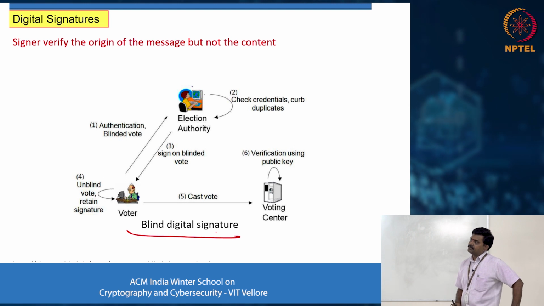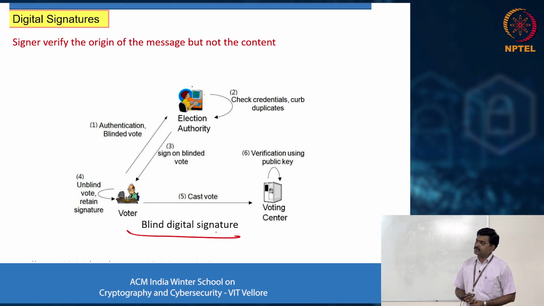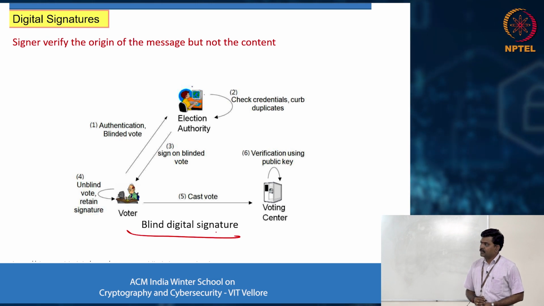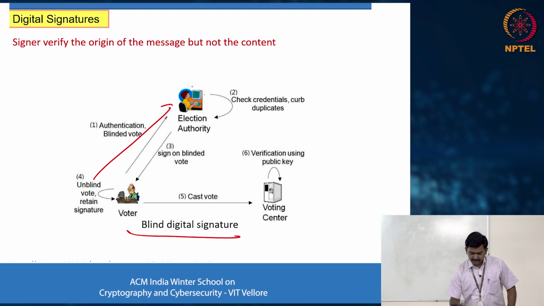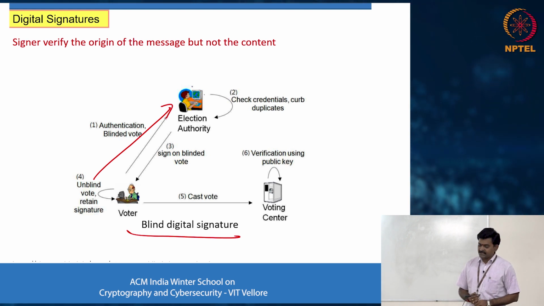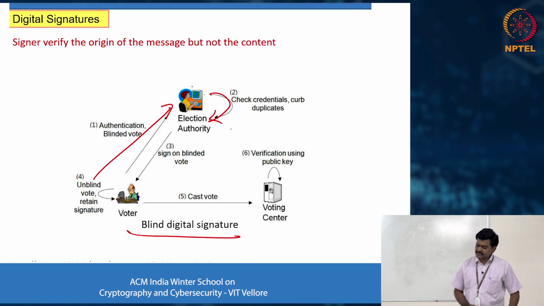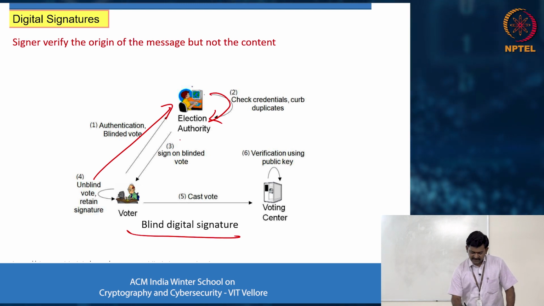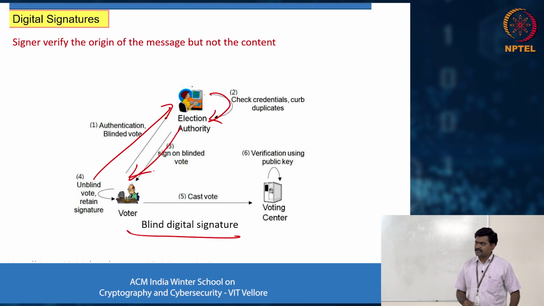There is one more digital signature called blind digital signature. The purpose is, take an example, I want to vote. So I go to the election authority asking for authentication and saying that I want to make a blind vote. Then the authority checks my credentials and signs on the blind vote, saying yes, he's the guy who can cast the vote.